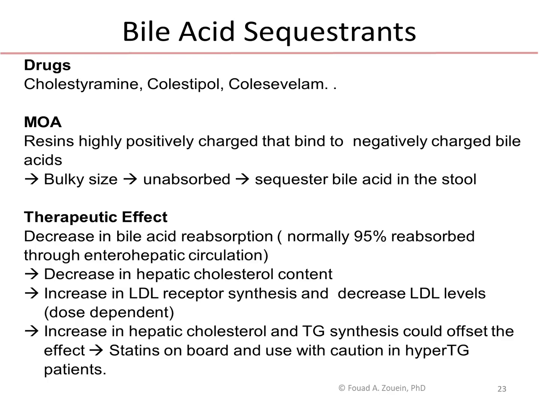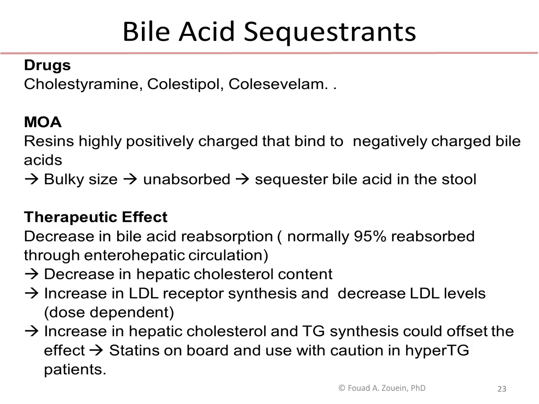These are resin-based molecules, highly positively charged, which bind to negatively charged molecules. Their bulk size prevents them from being absorbed in the GI tract. They go all the way down without being absorbed, which is very good. This decreases the risk of toxicity as well.